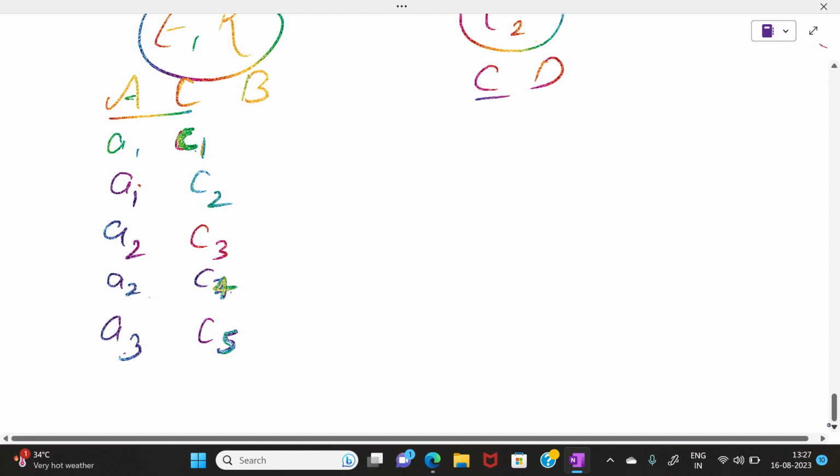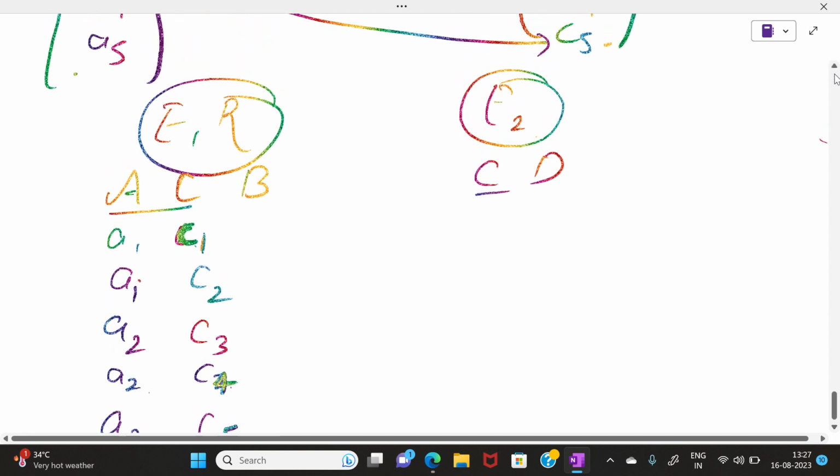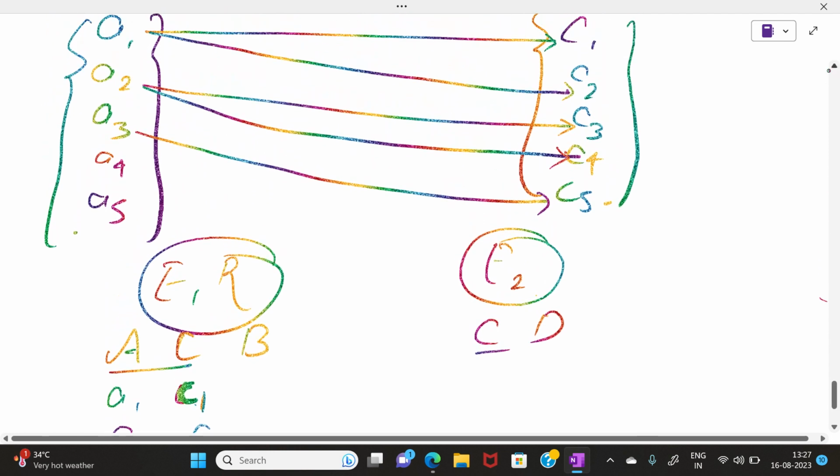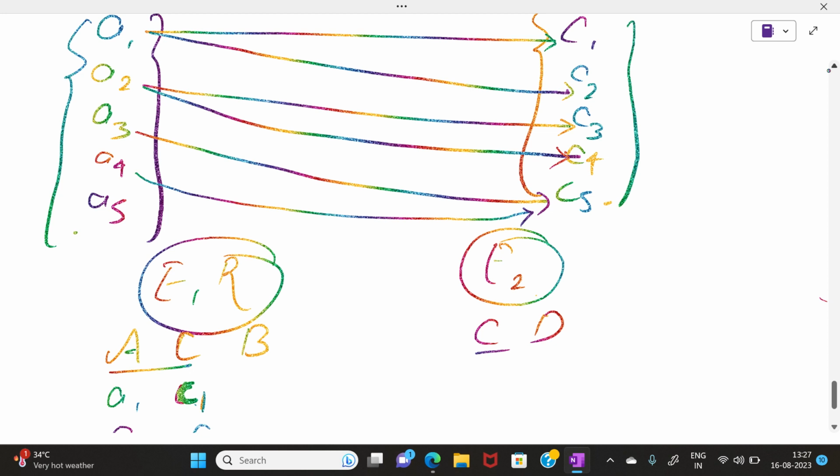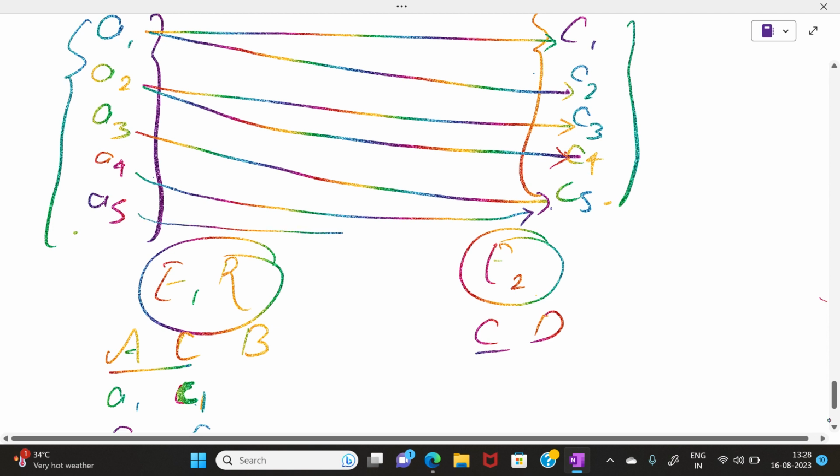So this way it is mapped. Here it is m:n mapping. So C5 is also mapped to A4. Here we are considering m:n mapping. C5 is also mapped to A4 and also it is mapped to A5.